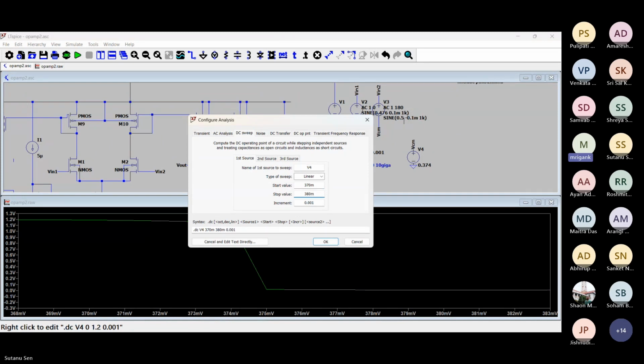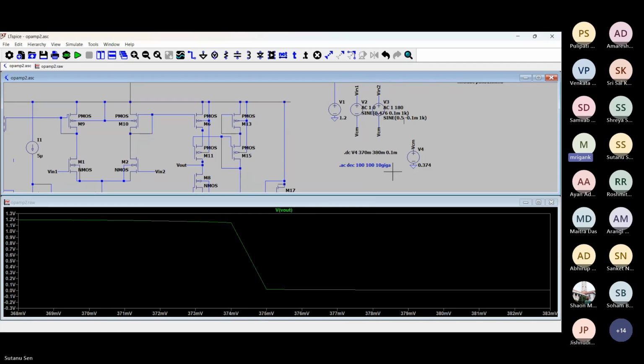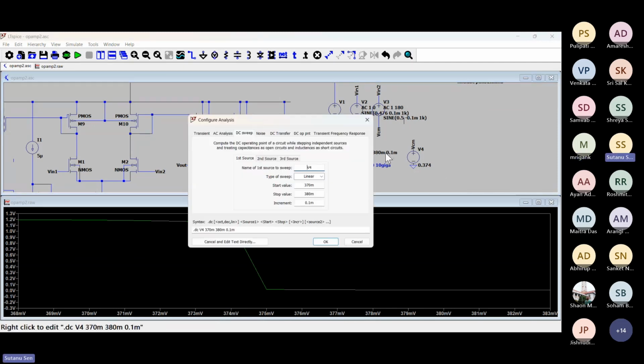Increment, you make it even smaller. 0.1 milli. Yes. 0.01 is also fine. Just do it more accurately. Yes, sir. So 0.1 will be more fine.